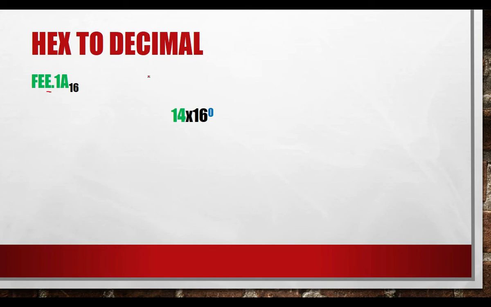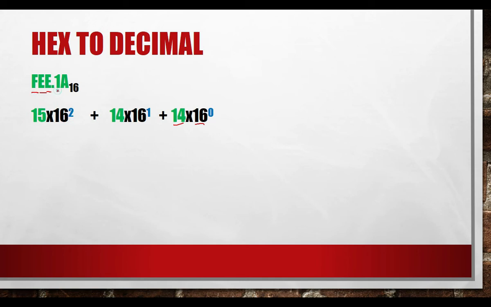So we write 14 times the base number raised to 0, plus another E, which is also 14, times 16, plus F, and that is 15, times 16 squared.